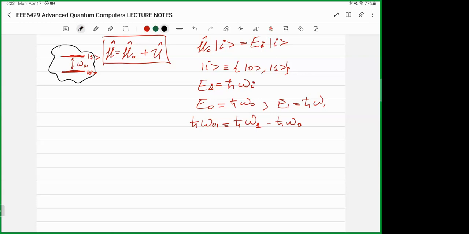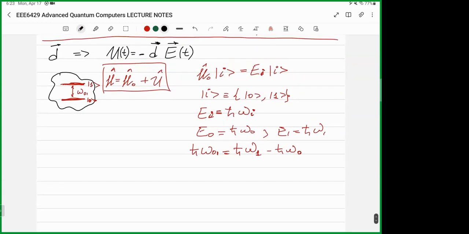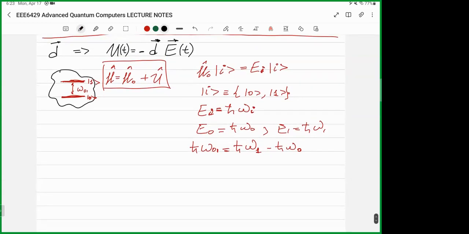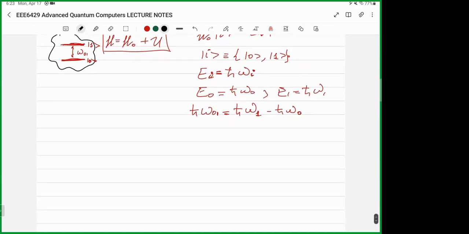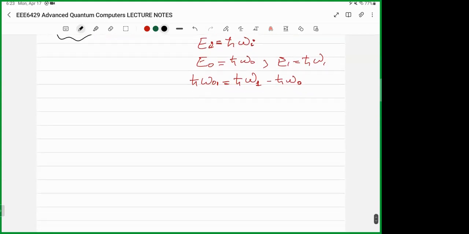Right, so let's describe the behavior of this qubit in the electromagnetic field. How do we do so? You recall from the first part of our course, we write this time-domain Schrödinger equation, which is i h bar d psi over dt, and it's equal to the total Hamiltonian times psi.